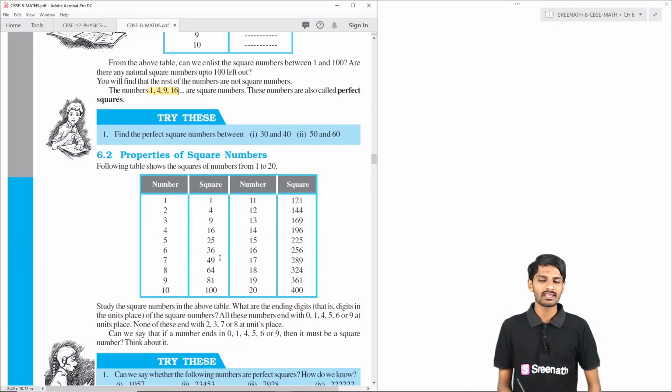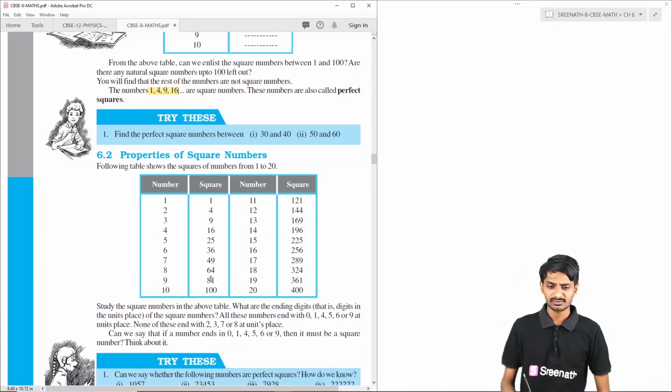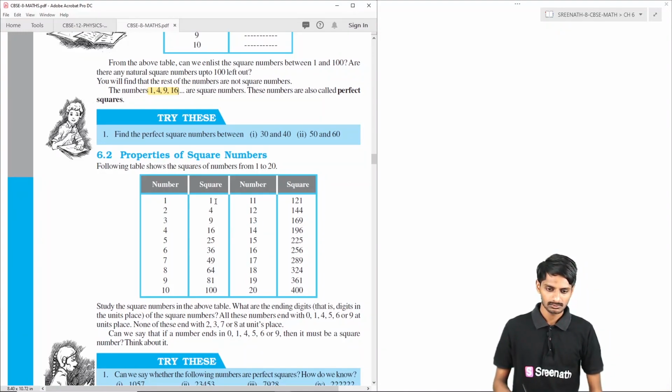So if you carefully understand these things, if you see the square numbers, all these end with some numbers in the units place. Carefully observe the units place of square numbers.